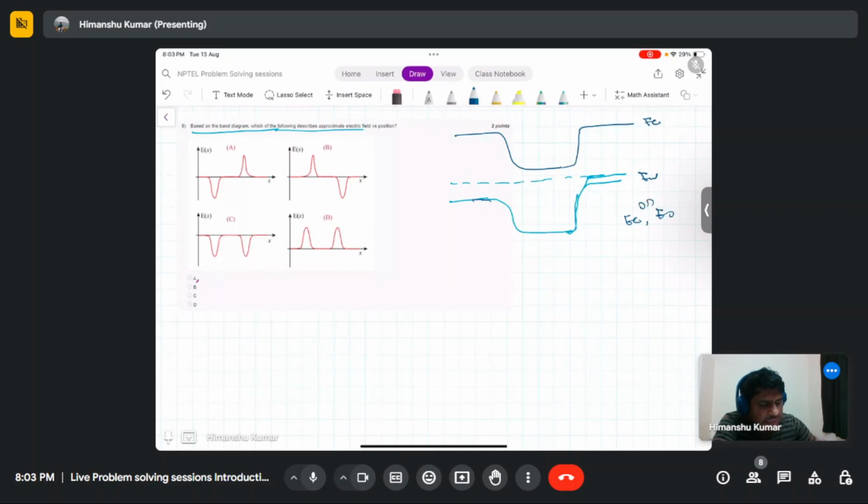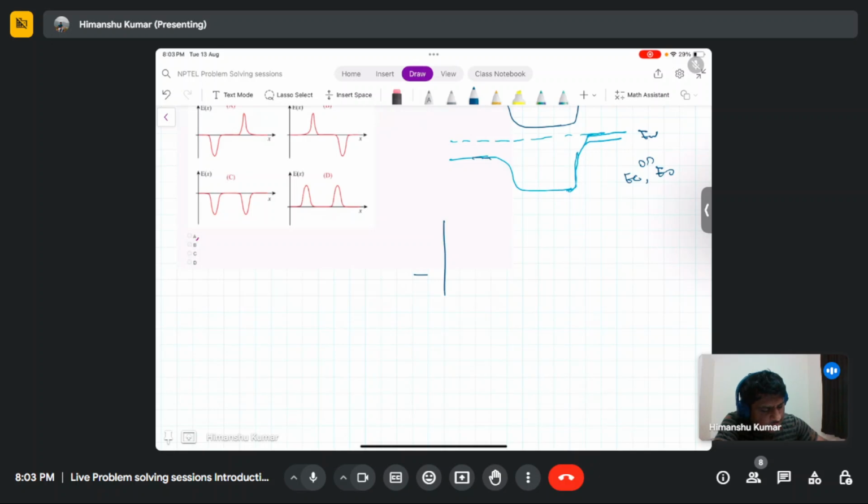So let's start calculating. This line is flat actually. If you take two points on this line, the slope is 0. So initially the slope is 0. Then let's start plotting also.